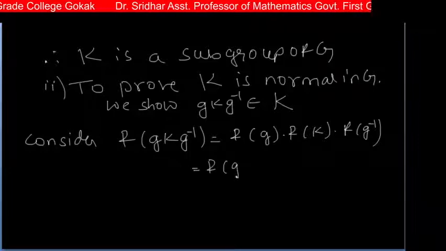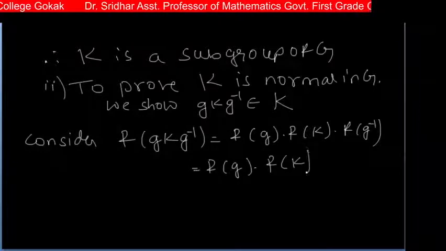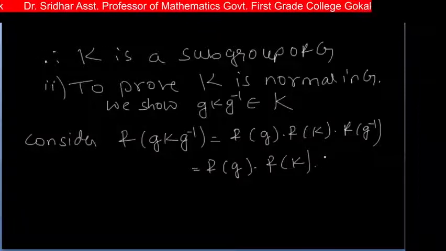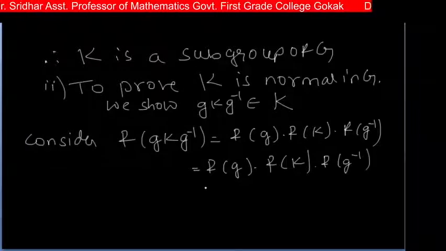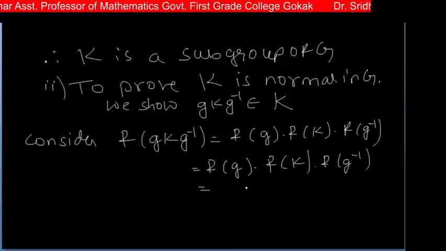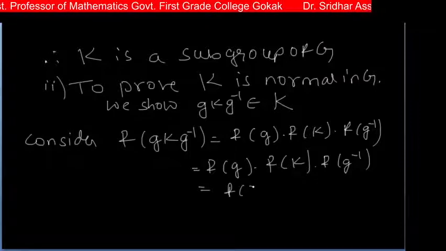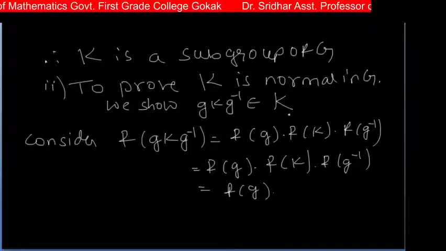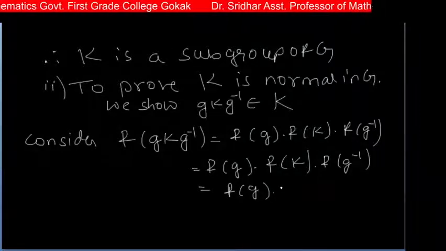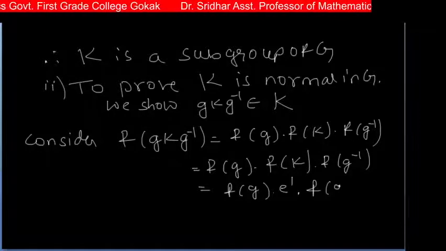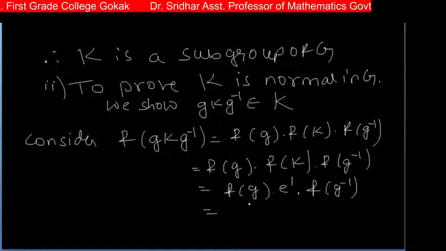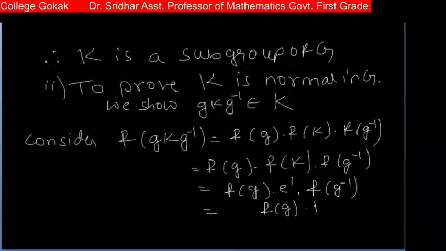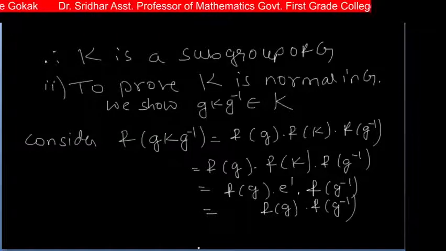Now f of k means k is an element of K, so its image is e dash. So it is f of g into e dash into f of g inverse, which is equal to f of g into f of g inverse.